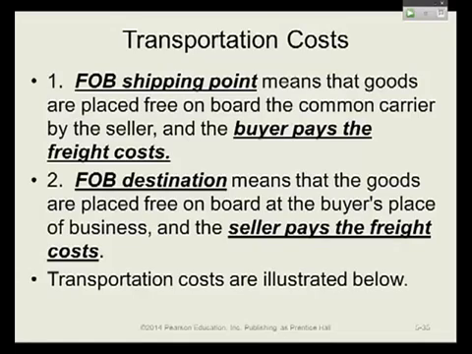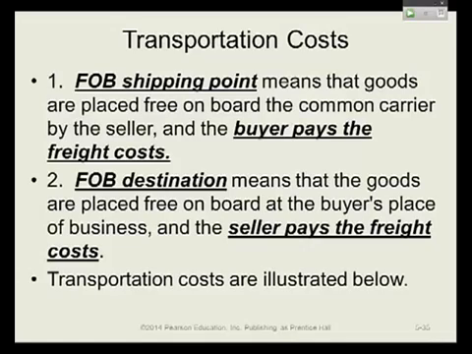So if we look at the illustration, which I'll put up on the screen, which again I think is easier just in case you don't have this. When we look at the first one, which I've highlighted, when it's FOB shipping point, the seller puts the goods on the truck. The buyer is responsible for paying the shipping, and legal title passes to the buyer at this point.